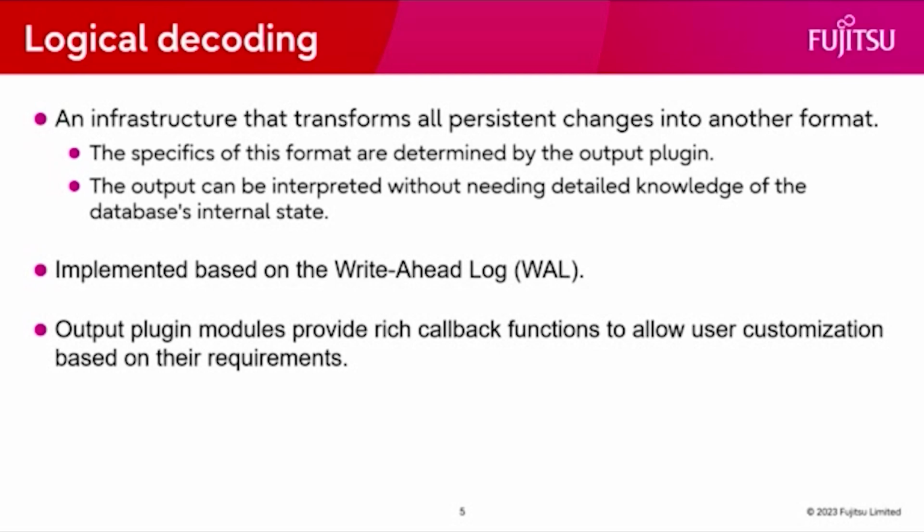Logical decoding is implemented based on the write-ahead log. The consumer process reads the WAL and, by decoding it, extracts data in plugin-specific formats. Output plugin modules provide rich callback functions to allow user customization based on their requirements.